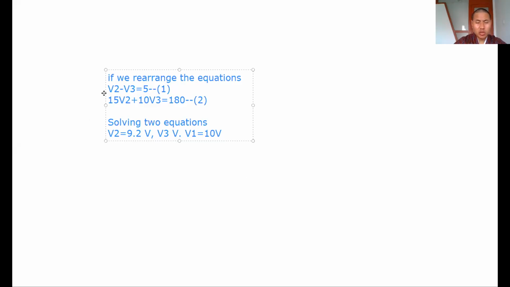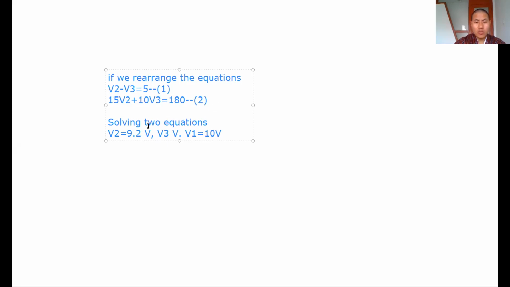Now if we rearrange the given equation, we get V2 minus V3 equal to 5. Let's name this equation 1. The second equation is 15 V2 plus 10 V3 is equal to 180. Let's keep this as equation 2.